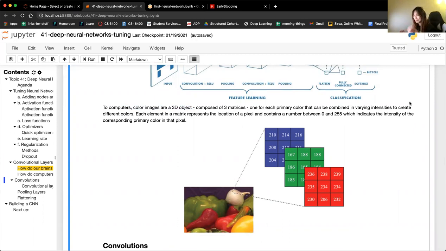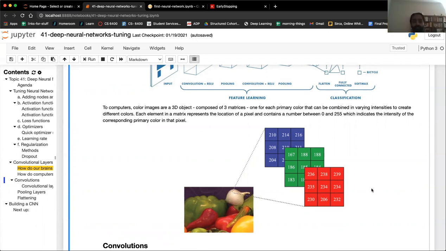I'm not super familiar with color theory, but every color can be made up of some intensity of blue, green, and red. These are stacked on top of each other, and combined, you have your image. If it's a black and white image, you only have one of these matrices, and it just describes the intensity of the black. So it's like grayscale.